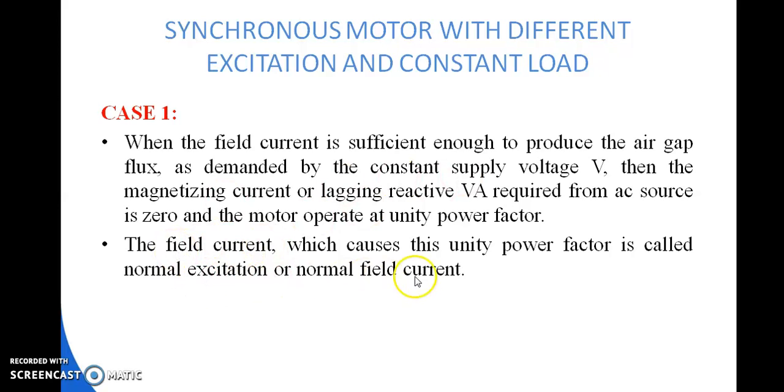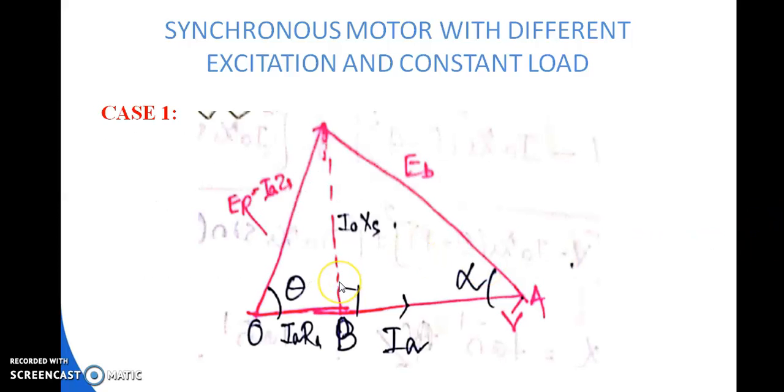Here, the field current which causes this unity power factor is called normal excitation, or normal field current. What happens here we will see. This is the origin O, this is the voltage, and this is the armature current.